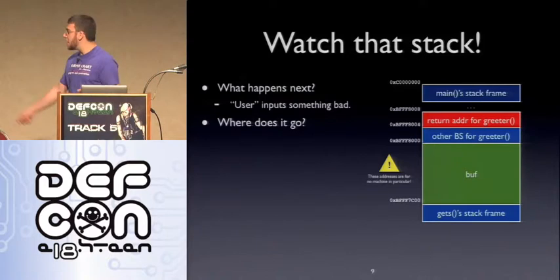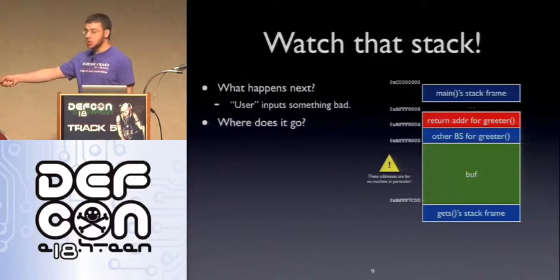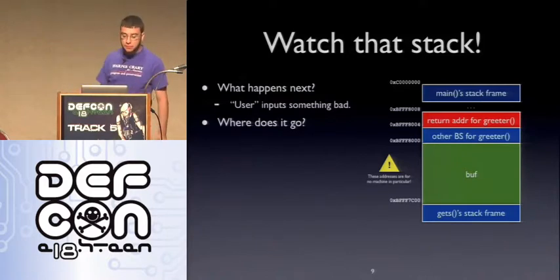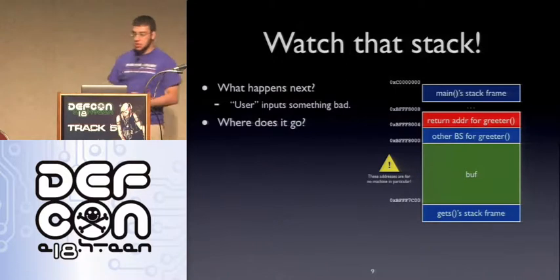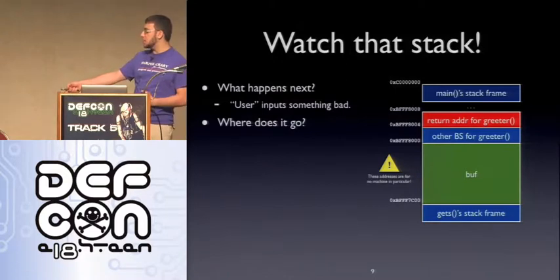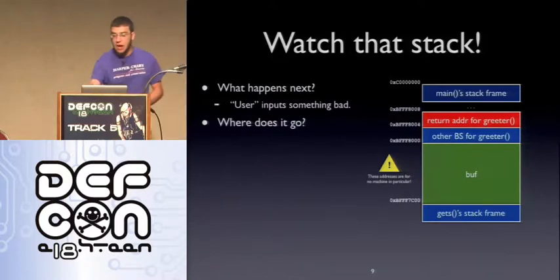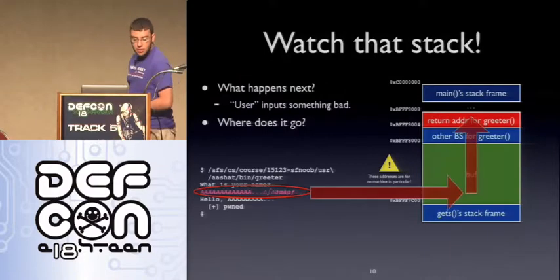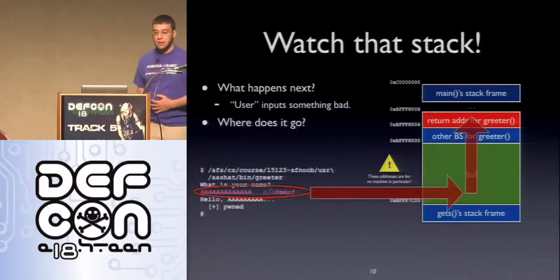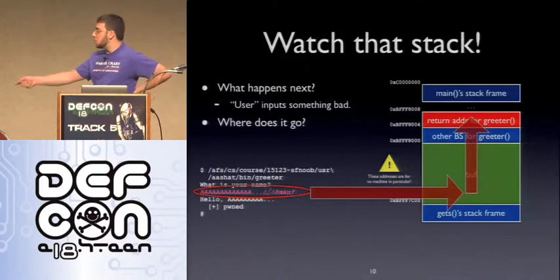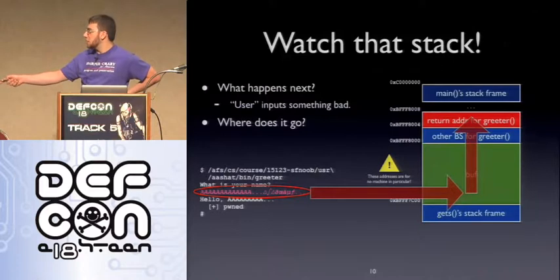So where's it going to go? We have the buffer here, and by the way, lower addresses are towards the bottom of the screen. We have gets' stack frame, and gets is going to stick things into buff, and things go up. So the user inputs something bad, a very, very long string full of the letter A, and it gets written.